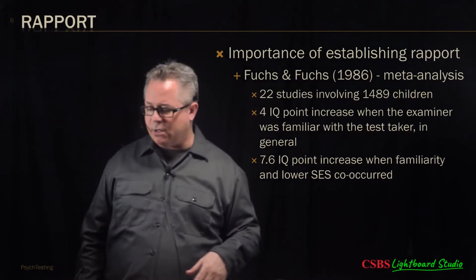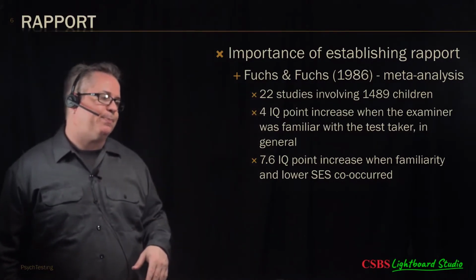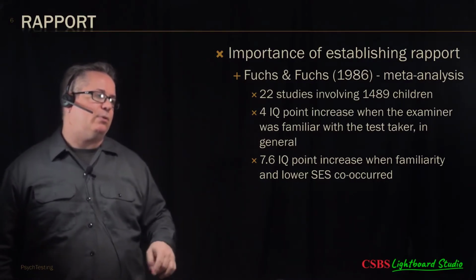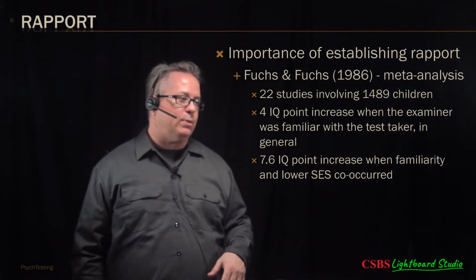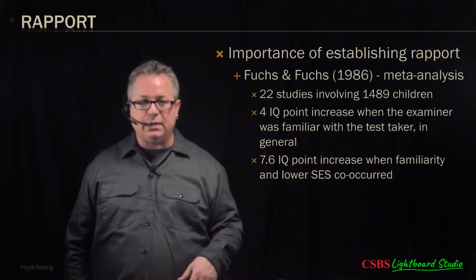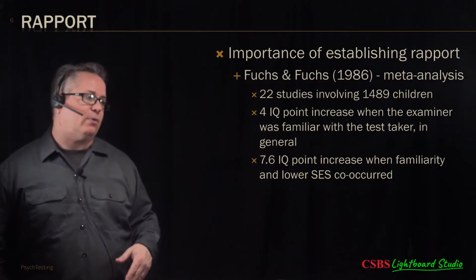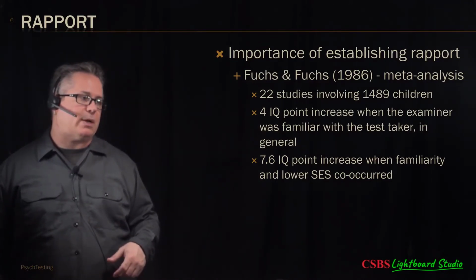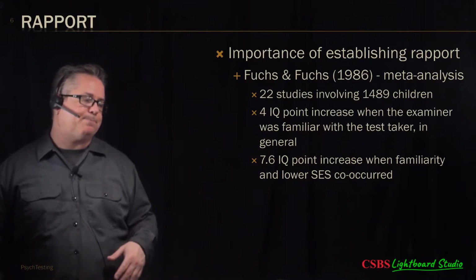close to 1,500 children. And they found a 4 IQ point increase when the examiner was familiar with the test taker in general, right? So if the kid knew the test administrator, they scored a few points higher in IQ, consistently.